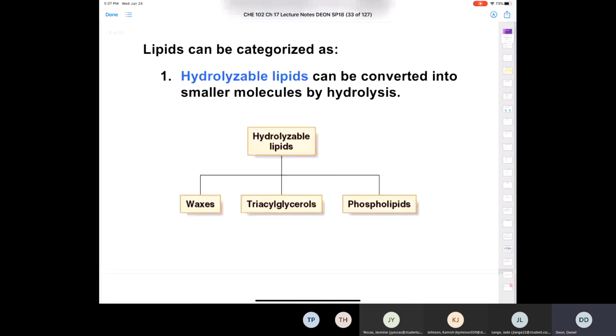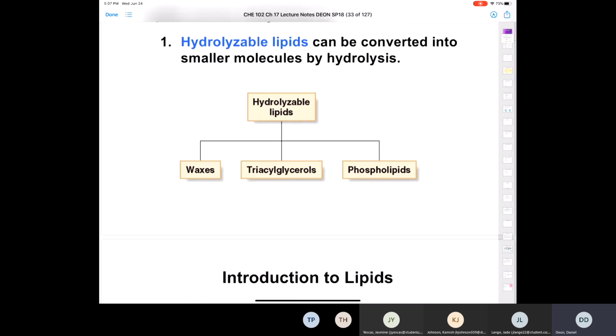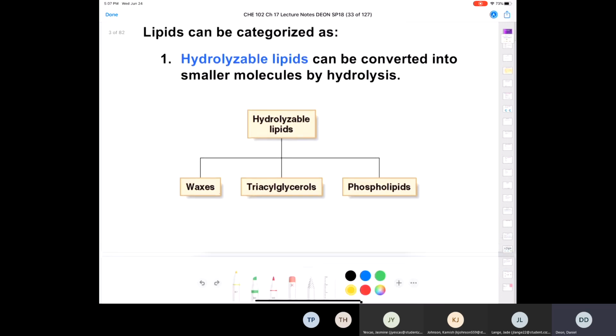Our textbook goes to great lengths to find all manner of ways to categorize lipids. But let me just explain what she means by some of these categorizations. So the first one, she says you can categorize lipids as being hydrolyzable lipids. And hydrolyzable means they can be broken apart by hydrolysis, right? Hydrolysis is water, and lysis means breaking.